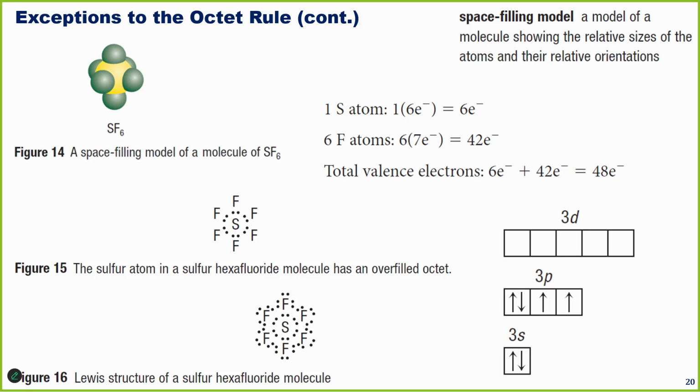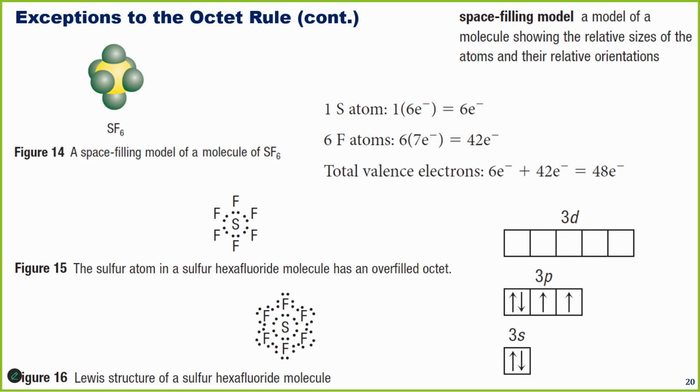Sulfur hexafluoride is a very stable molecule. The sum of the valence electrons in this unusual molecule is as follows. One sulfur atom has 6 valence electrons, and 6 fluorine atoms have a total of 42 electrons.